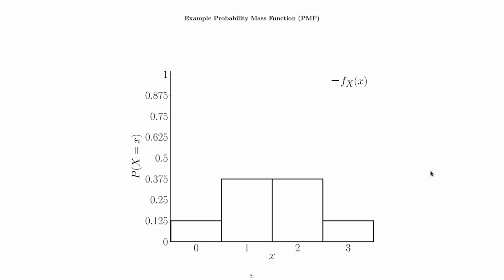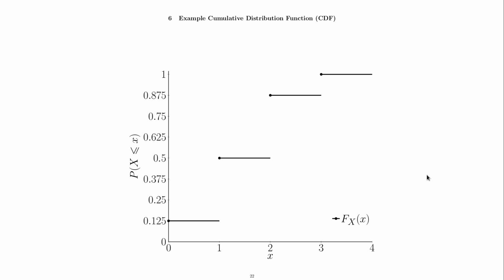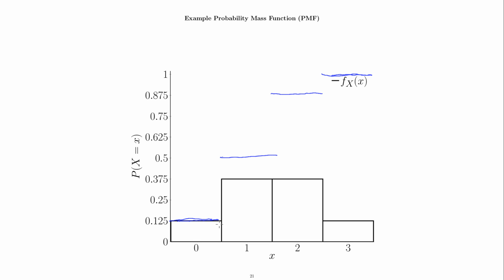All right, so now let's talk about the cumulative distribution function. Here is the cumulative distribution function for X. If you look carefully, if I draw my lines here, and then let's go back a slide, we see, okay, this matches exactly. This is the height of 1/8. This difference here is the height of 3/8.